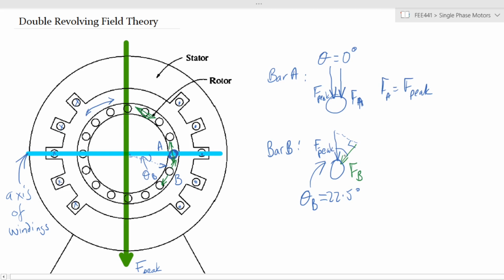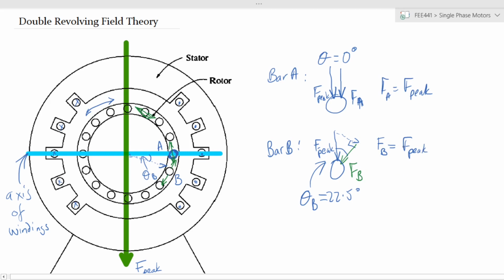So F peak will have two component forces acting in those directions. One is acting outwards from FB, and one is in the direction of FB that we are looking at, right? So in this particular case, FB is related to F peak in what way?